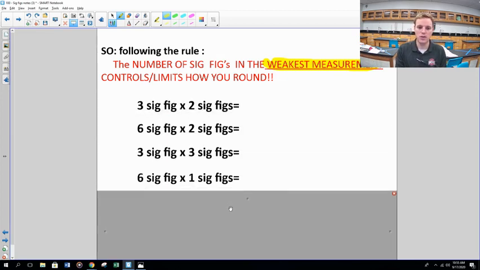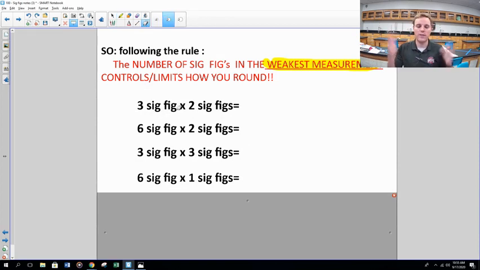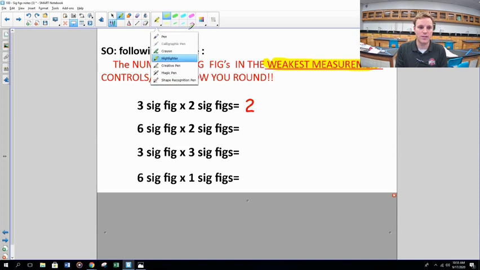So if we show this to you in a different way, if this measurement has 3 significant figures and you multiply it by 2 significant figures, your answer will have 2 significant figures in it. So I should write SigFigs after that.